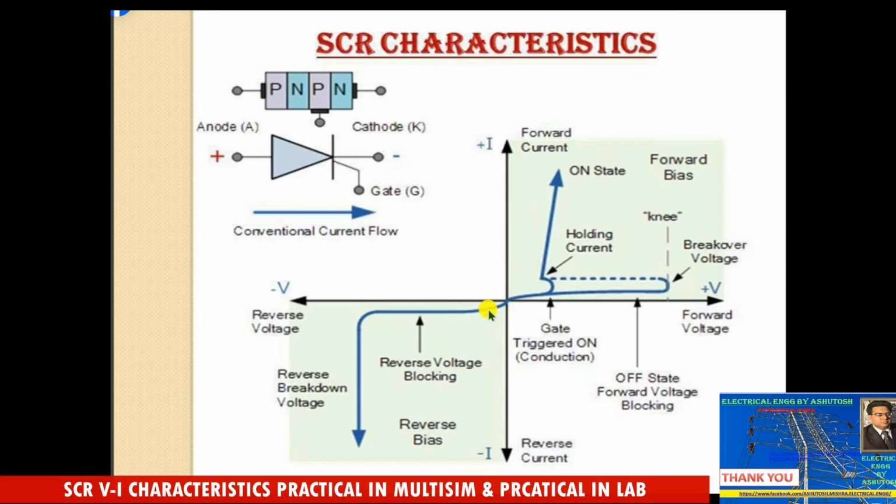What happens in this reverse voltage blocking mode? The outer junctions J1 and J3 are reverse biased, and the middle junction J2 is forward biased. Therefore, only a small leakage current flows. This is the reverse blocking mode, called the off state.